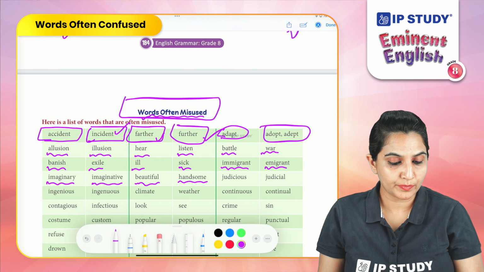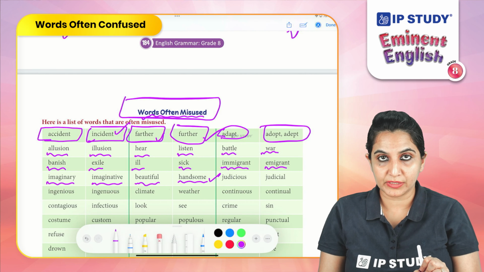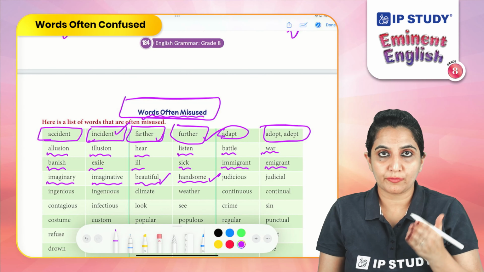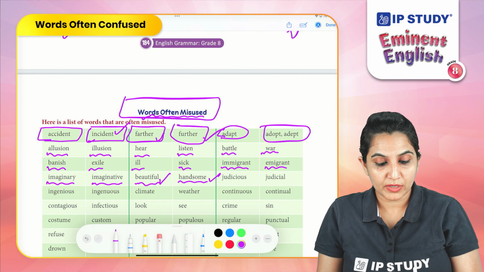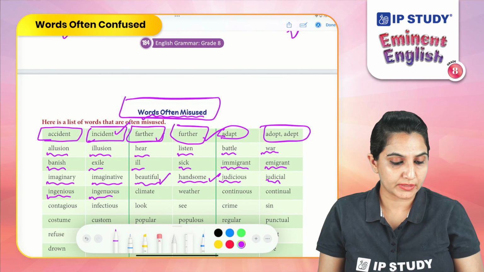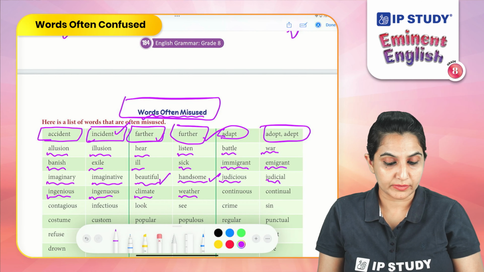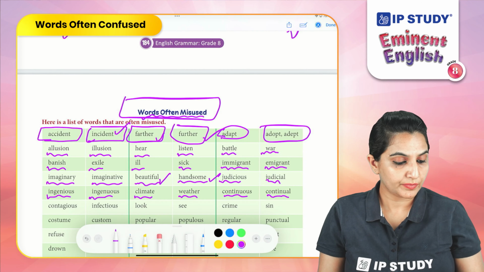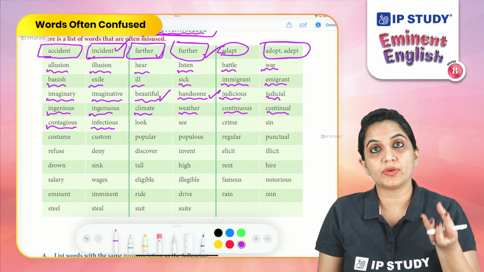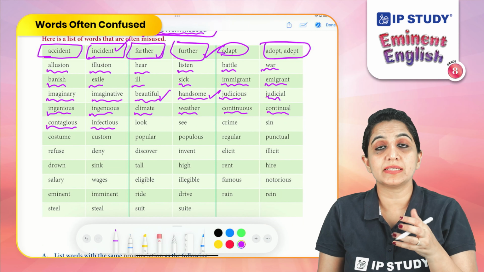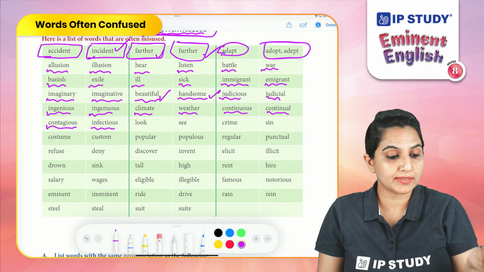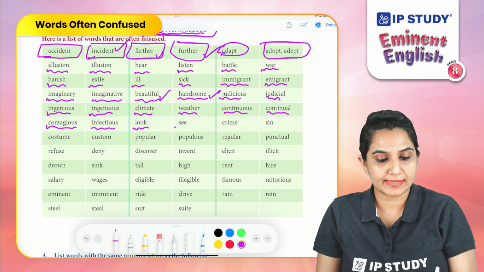Beautiful, handsome. Handsome is often used with masculine gender. Beautiful you can use for nouns, for feminine genders as well. Judicious, judicial. Ingenious, ingenuous. Climate, weather. Continuous, continual. Contagious, infectious, right? So infectious is when you can get infection from something. Contagious is when that infection can be spread around. Look, see.